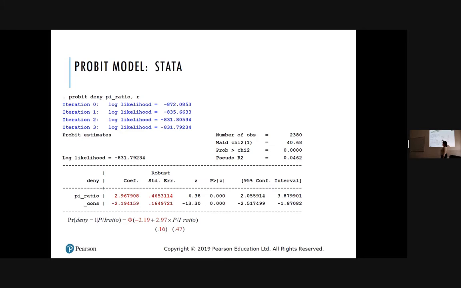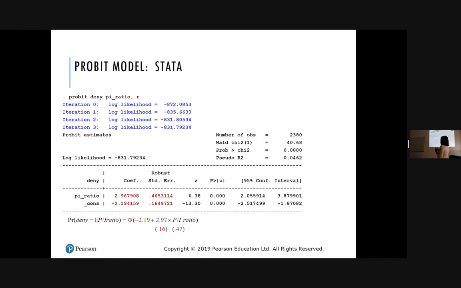This is called the Z statistic, and we are using the chi-square instead of the F statistic for the joint hypothesis testing. And we are also using another measure of fit, called the pseudo R-square, not anymore the R-square or the adjusted R-square of multiple regression models, but these different elements.